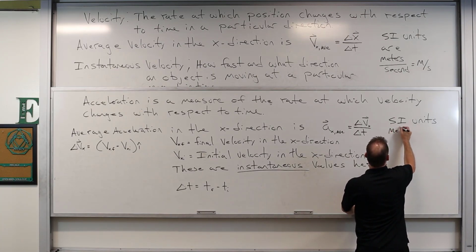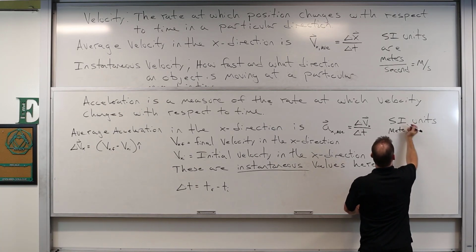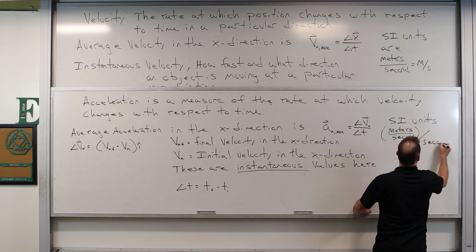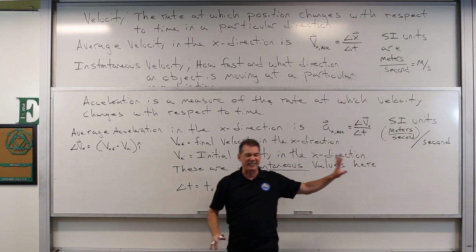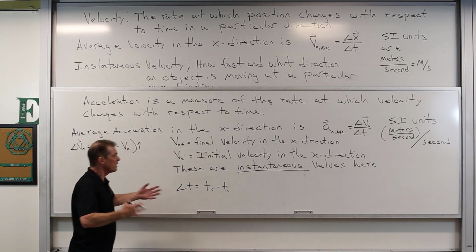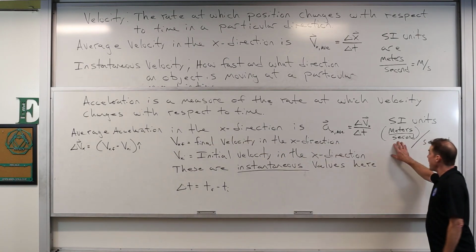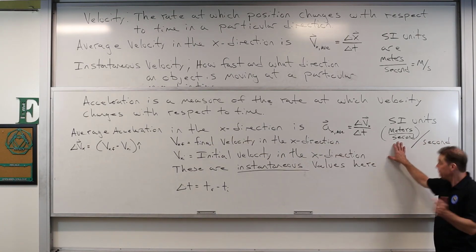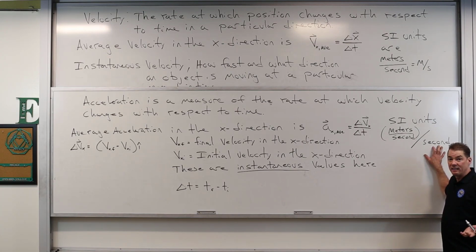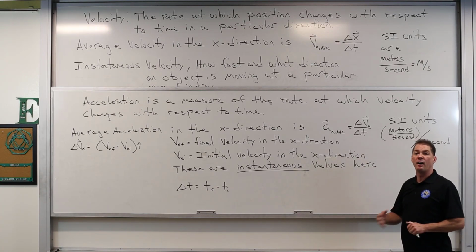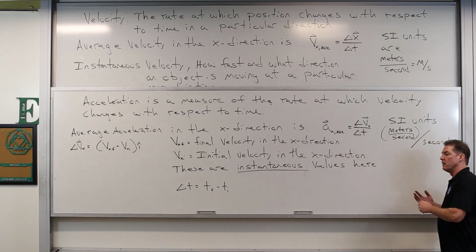So we can write this as meters per second, per second. The reason that I'm writing it like that right now is just to get an idea of what acceleration is really characterizing. How many meters per second do you change your velocity every second? That's what acceleration is characterizing. Meters per second per second. Meters per second of a change in velocity per second.